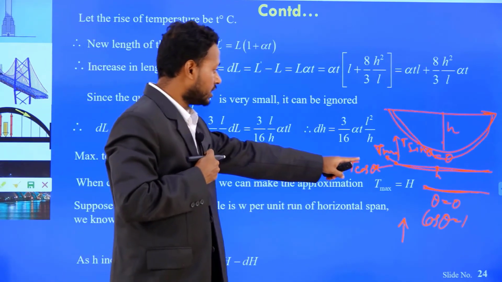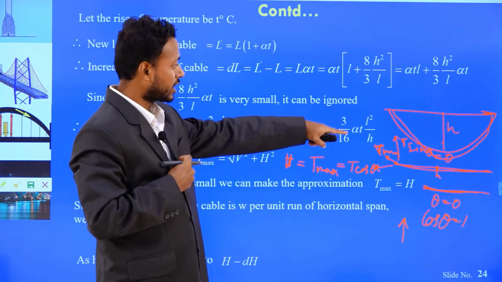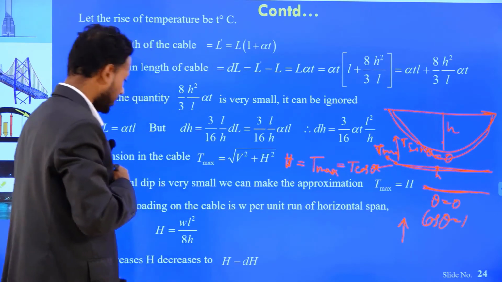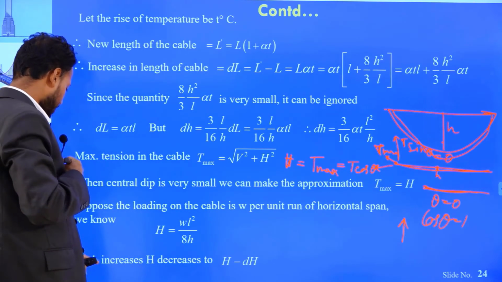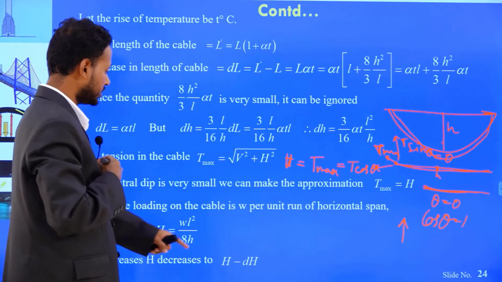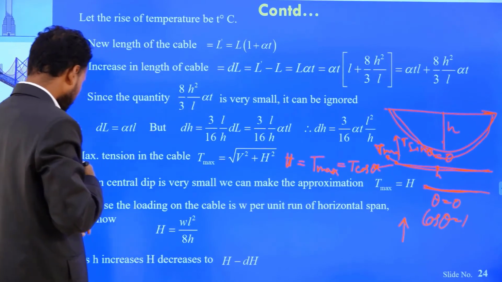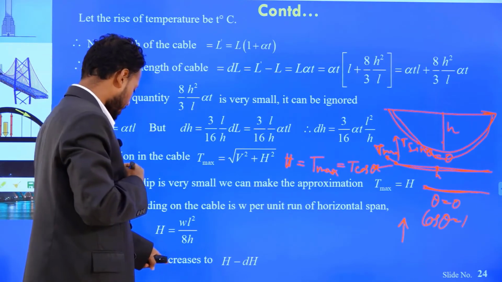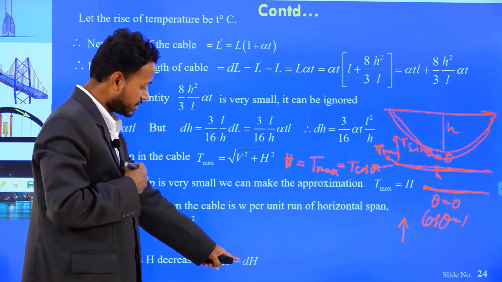From the figure it is clear that if the deep of the cable increases, the horizontal reaction will decrease, and vice versa, if h decreases, the horizontal reaction will increase. So as h increases, small h increases, capital H decreases to H minus dH.